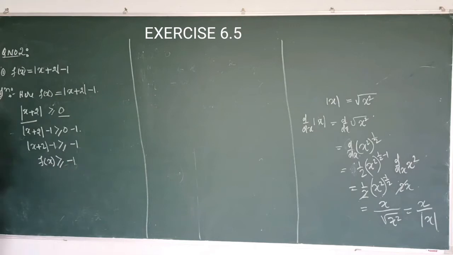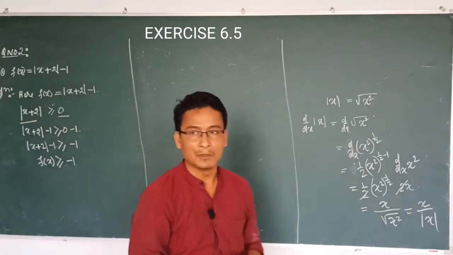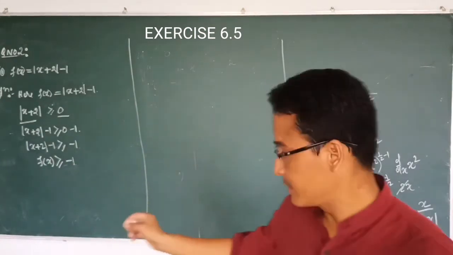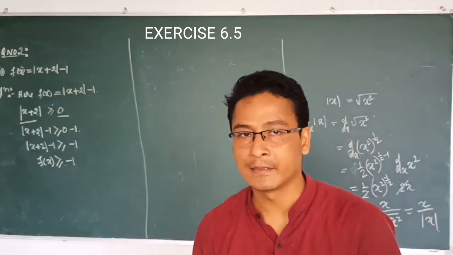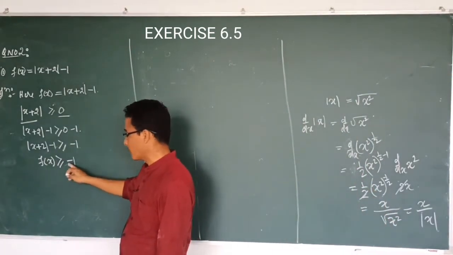Now see this condition: the value of f of x is greater than or equal to minus 1. That means f of x has no maximum value, only a minimum value, because it is greater than or equal to minus 1. Our function attains minus 1 here, then it goes up. Clear? Whatever value we get is always greater than or equal to minus 1.